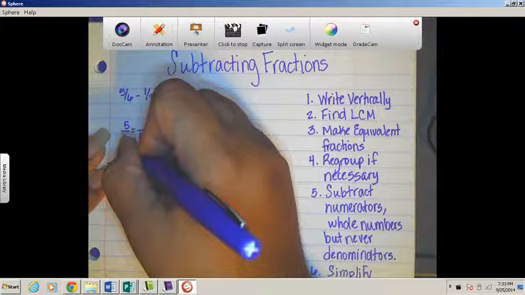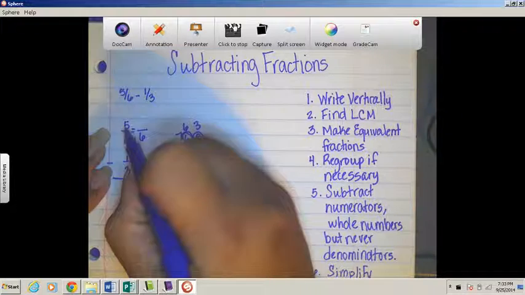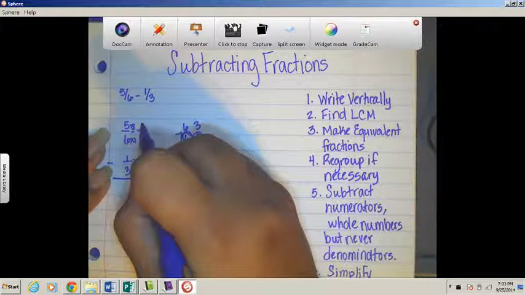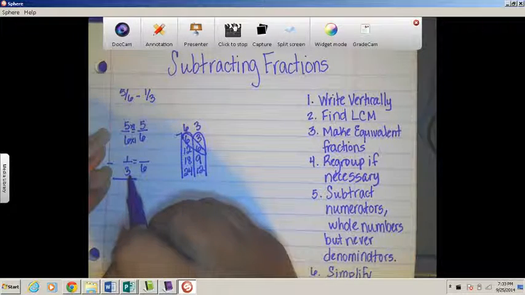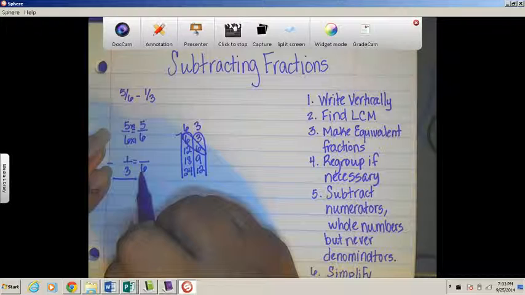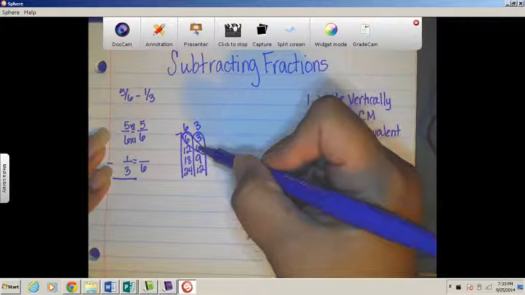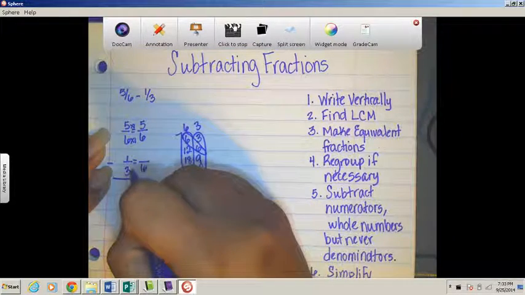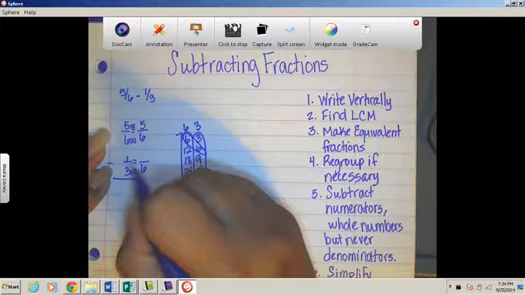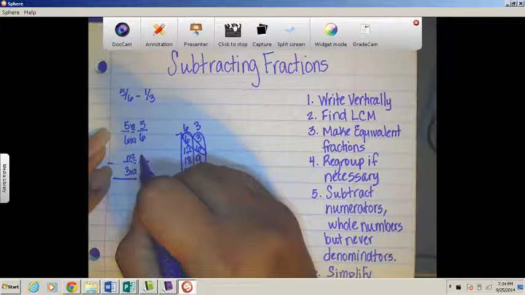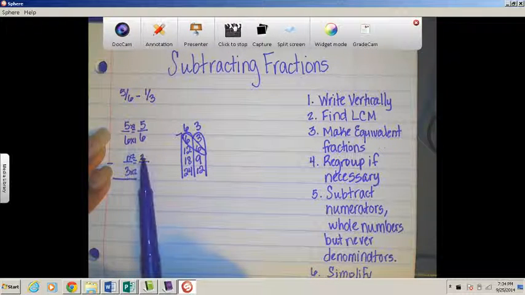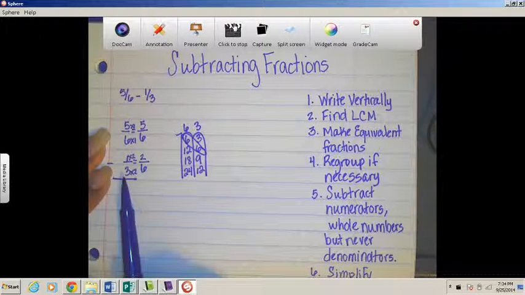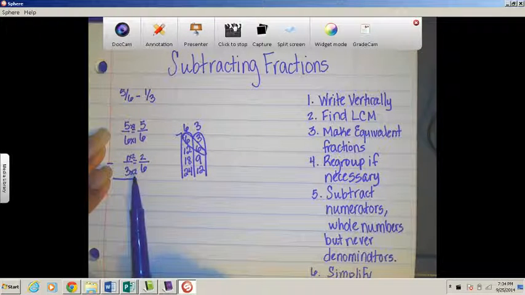Whatever we do to the bottom, we have to do to the top. 5 times 1 is 5. 3 goes into 6 two times. 3 times 2 is 6. 1 times 2 is 2. 1/3 is equivalent to 2/6. Whatever we multiply the denominator by, we have to multiply the numerator by.